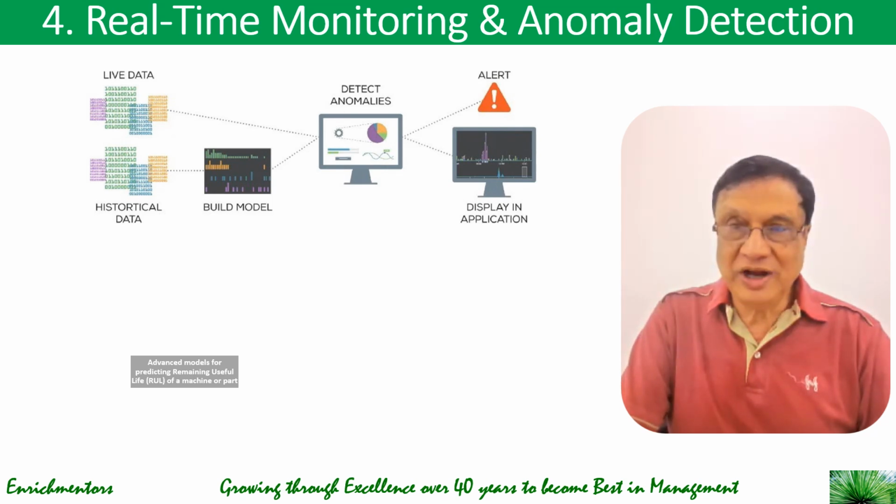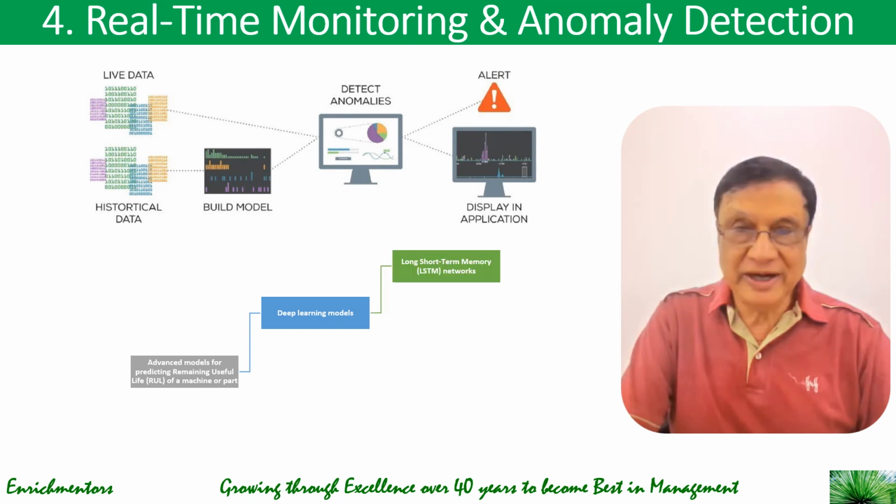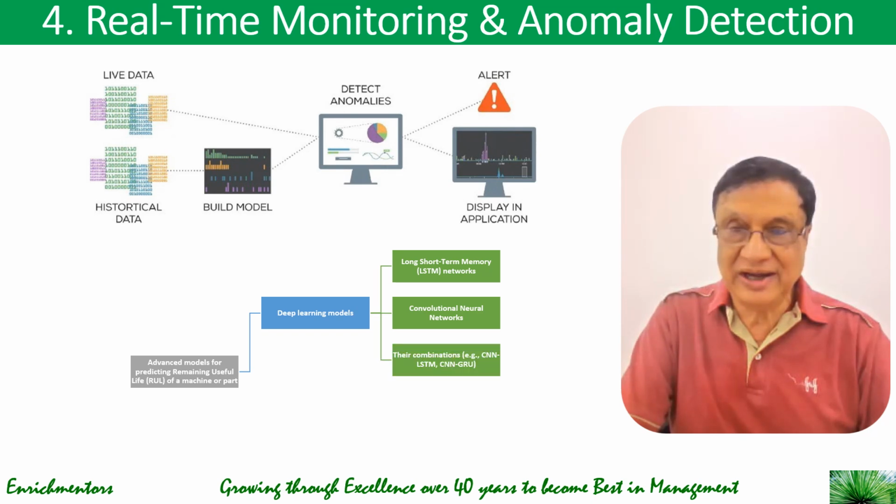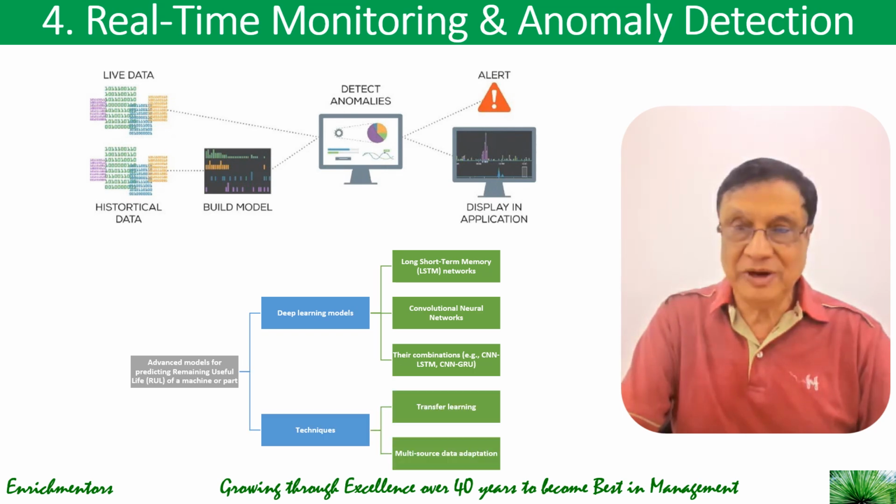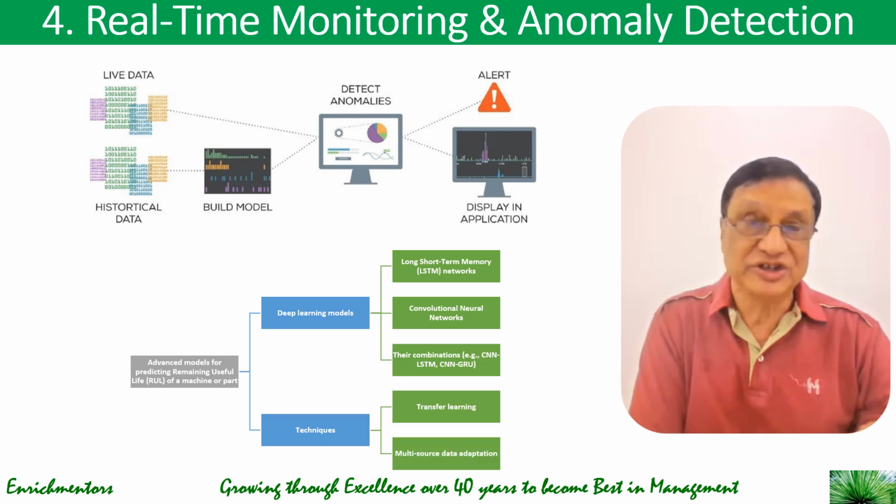Now, for advanced prediction of this RUL, they consider deep learning models, right? Like long short-term memory networks, convolutional neural networks, CNNs, and their combinations, CNN-LSTM, CNN-GRU, along with techniques like transfer learning and multi-source data adaptation.